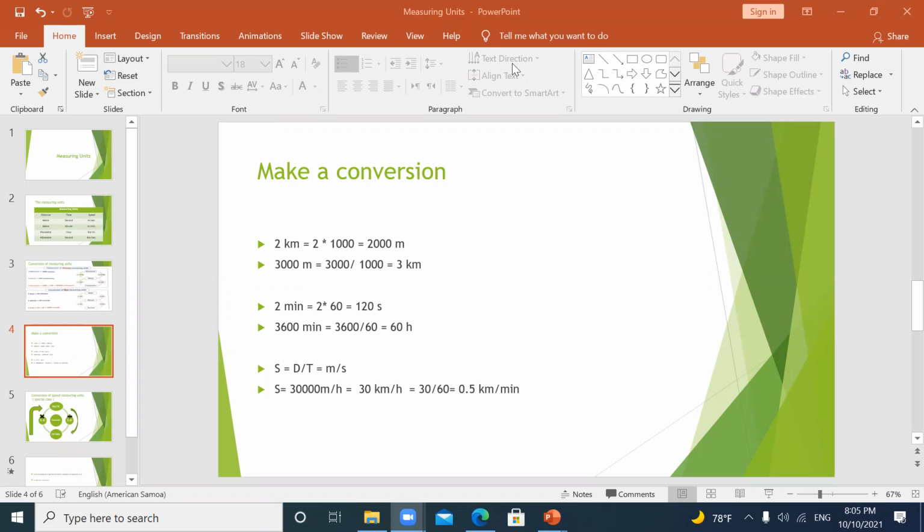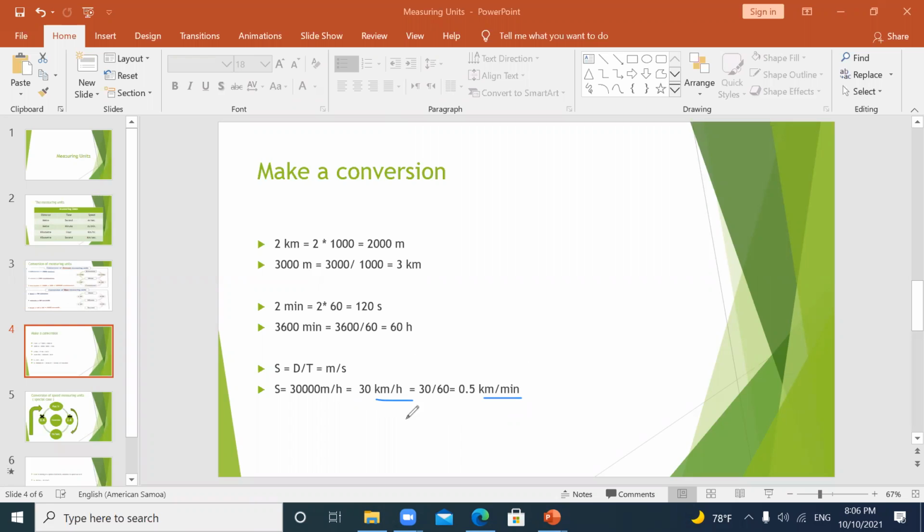Here the distance measuring unit will not change, kilometer to kilometer, but here the time changes from hour to minute. As we discussed, from hour to minute, usually we multiply by 60.